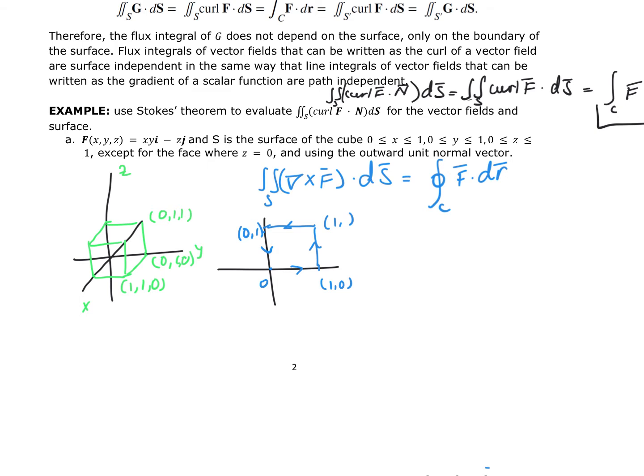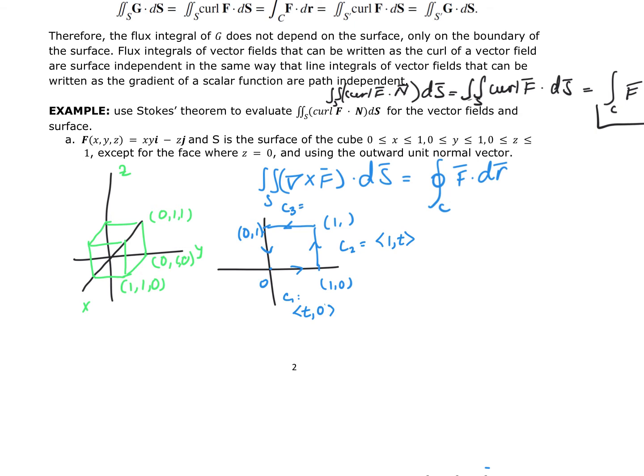Now, if we break up each one of these individual curves, call this C1. C1 would have t for x and 0 for y, for t being from 0 to 1. C sub 2 would be 1 for the x and t for the y.